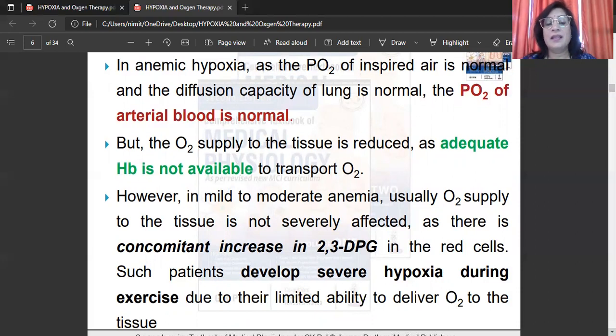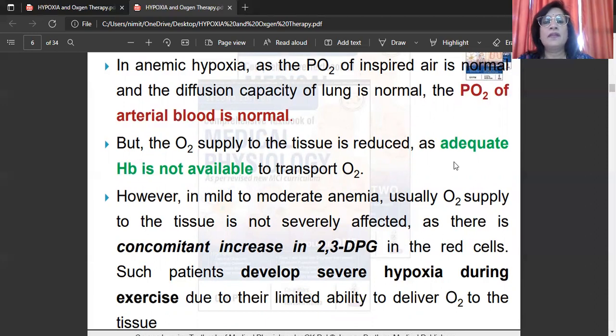During exercise. Why? Because when you are exercising, the oxygen requirement increases. So during exercise, due to their limited ability to deliver oxygen to the tissues, this will lead to hypoxia.